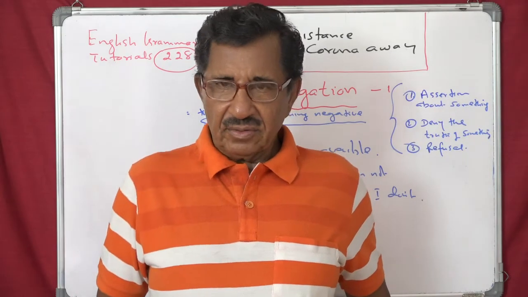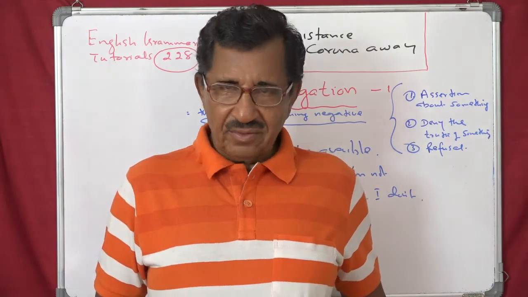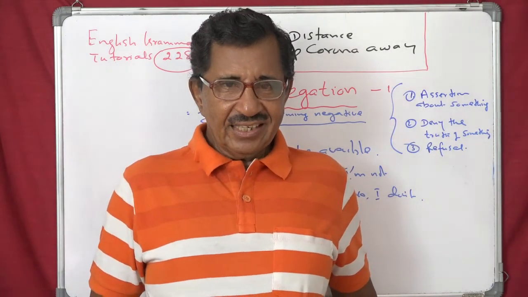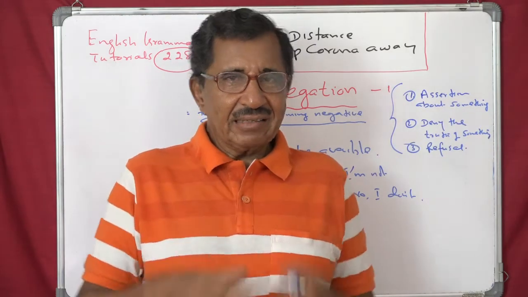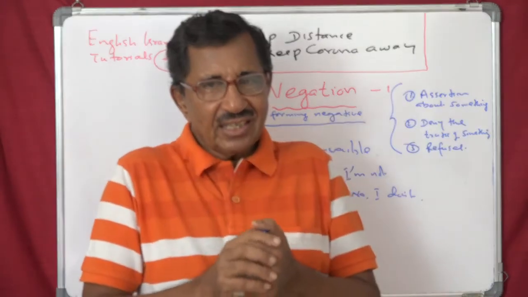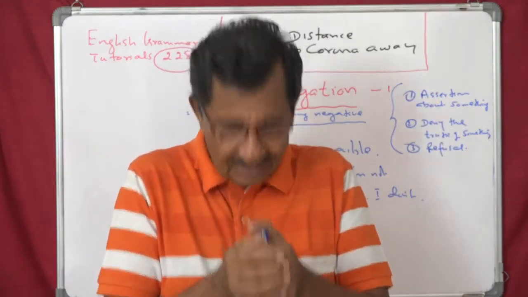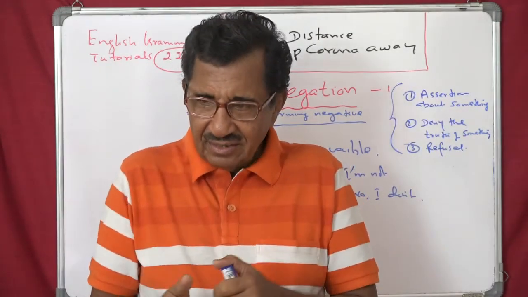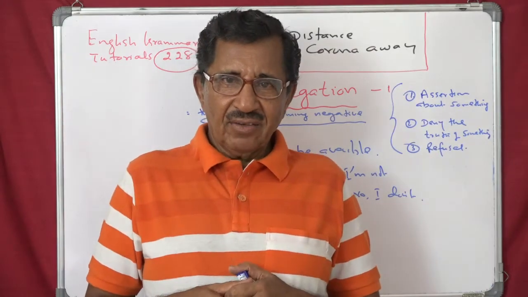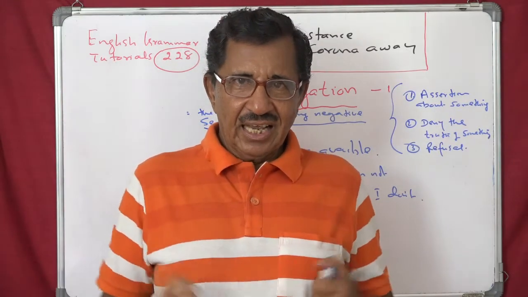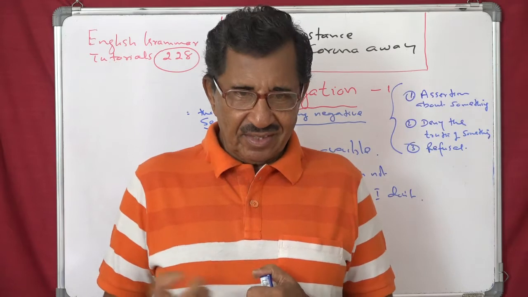No, I am not. That is actually denying the truth. He is actually suffering from fatigue. He is sitting like this in the class. Are you tired? No, I am not. He wants to show that he is very energetic and very smart.